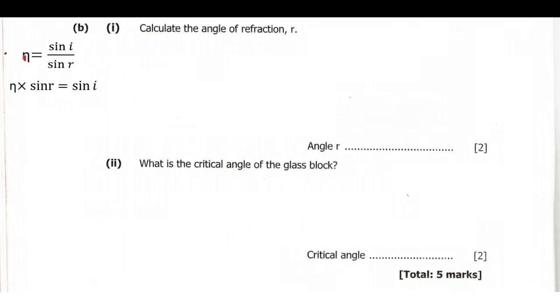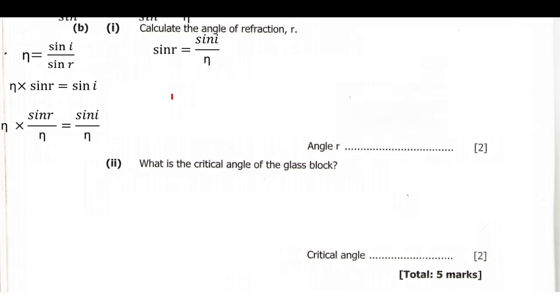So we multiply by n, the refractive index, and then we divide both sides by the refractive index so that we remain with sine of the angle of refraction equal to sine of the angle of incidence divided by the refractive index.